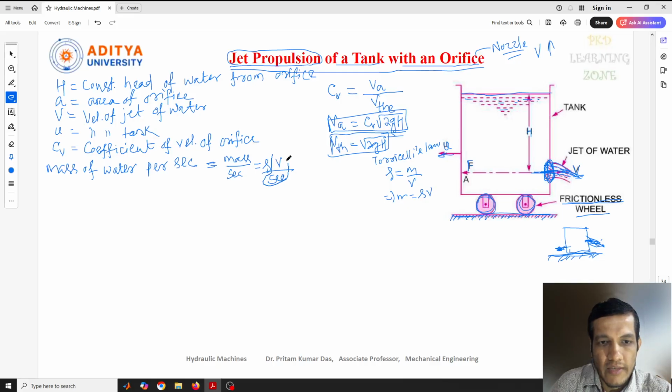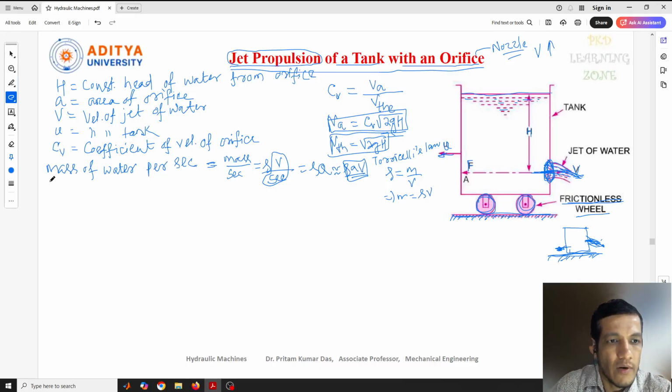This volume per second is the discharge, and in place of discharge I can write rho A V, rho into area into velocity. The mass of water coming out from the tank through the orifice is nothing but rho A V. Rho equals density, A equals area, V equals velocity.